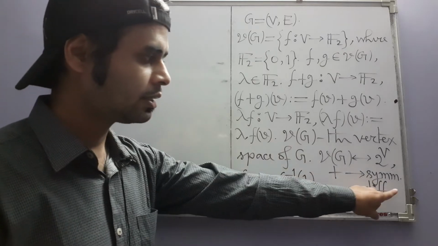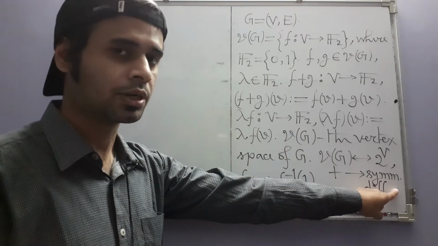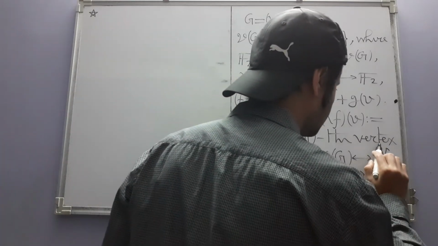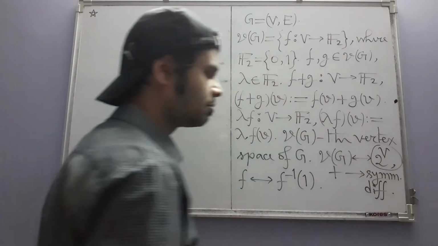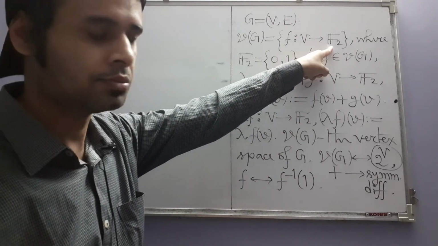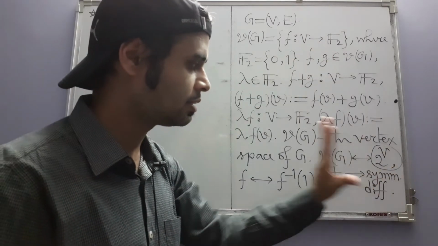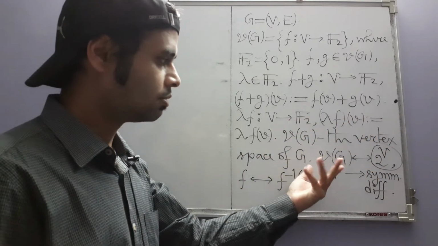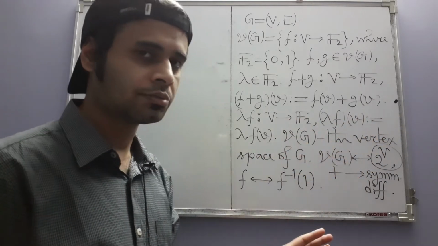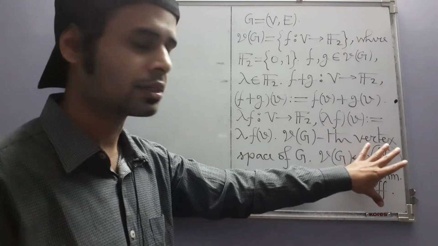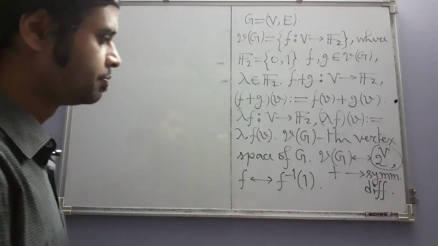In case of addition, it very nicely gets transformed into symmetric difference, and this itself then becomes a vector space over the same field F2, where now addition is symmetric difference, and these two vector spaces are isomorphic. So really we are not looking at a different vector space, but another version of the same vector space, and this is the version that we then keep using.